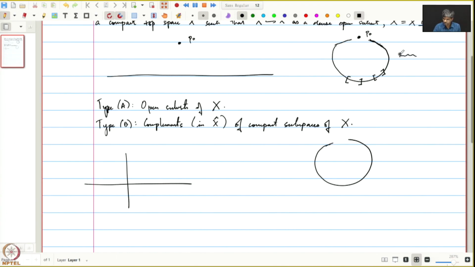From this picture it is clear that the one point compactification of R should be S1, right. And similarly, if we take R2, I should make a dotted line, right.